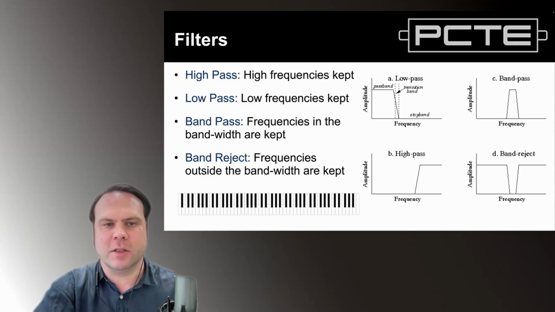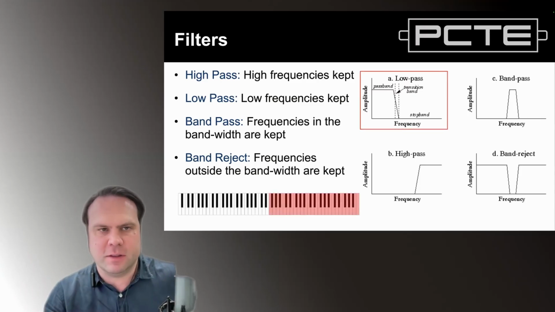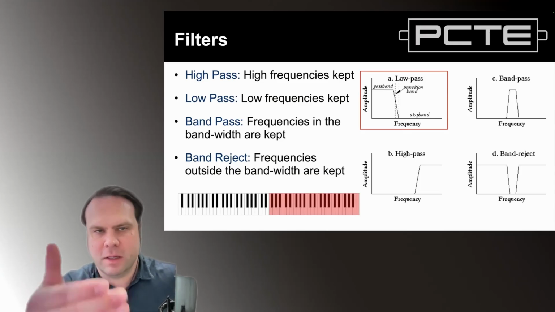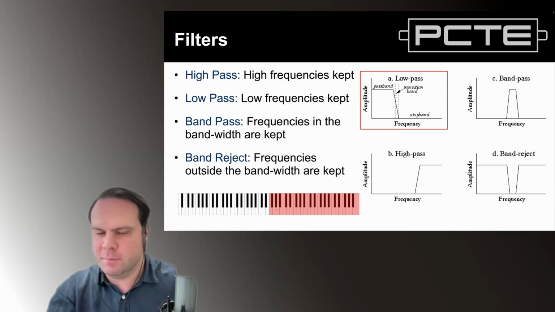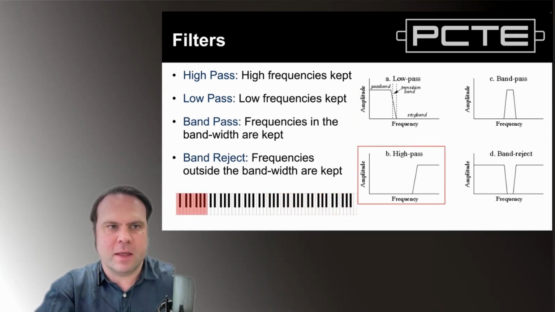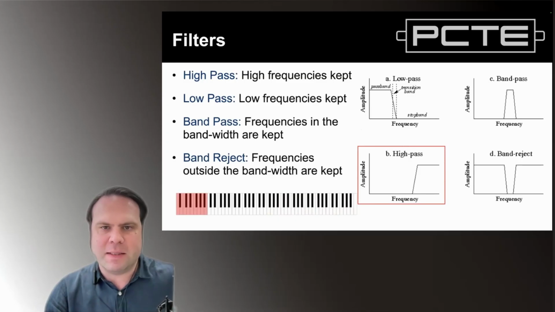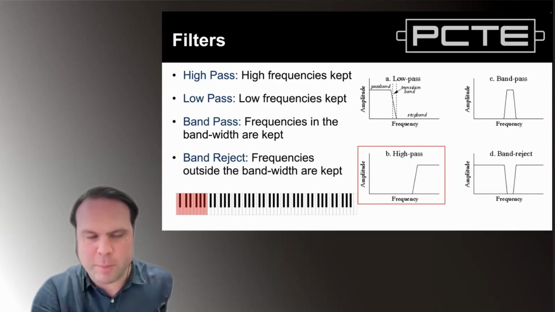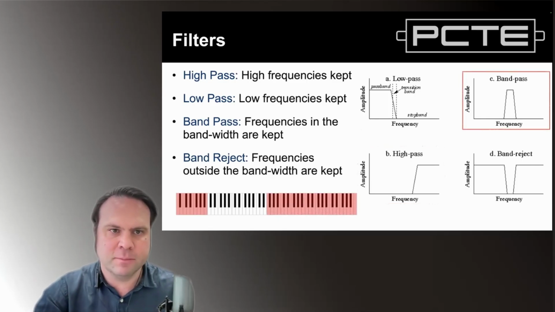Now, just to illustrate further how this works, the low pass filter is marked in red, attenuating or removing the higher frequency results on our keyboard model. The high pass filter, the one we'll use for our impact echo testing, is chopping off the lowest frequencies, the deepest frequencies, marked in red.